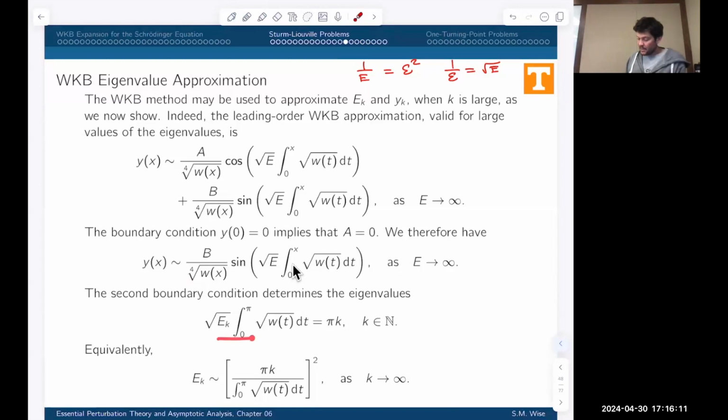Well, that has to be equal to pi k, where k is an integer. Why? Because this whole term has to be a multiple of pi in order for the sine to be 0. So that's what determines our eigenvalues for us. Or in other words, that's what quantizes the energy.